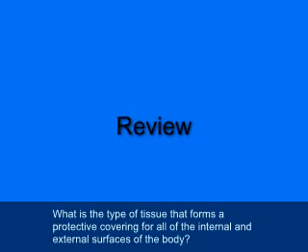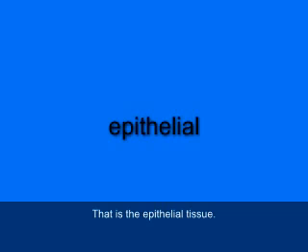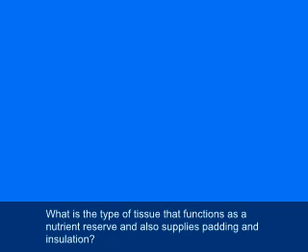First of all, what is the type of tissue that forms a protective covering for all of the internal and external surfaces of the body? That's the epithelial tissue, EPITHELIAL. What is the type of tissue that functions as a nutrient reserve and also supplies padding and insulation?